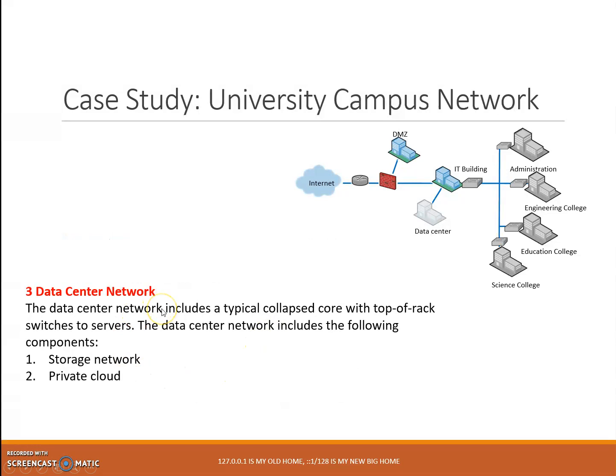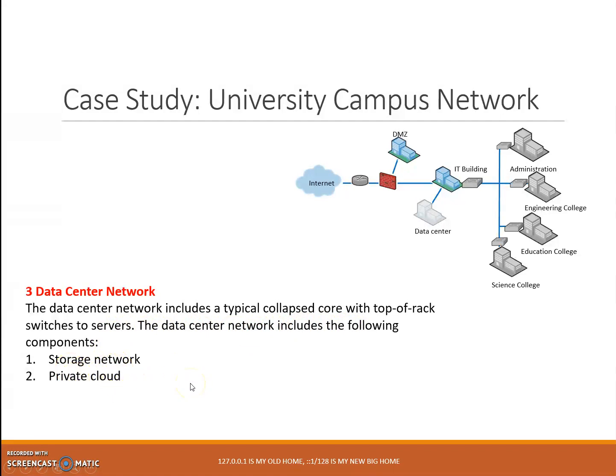The third module or the third network is the data center. This includes a typical collapsed core with top-of-rack switches and two servers. The data center network includes the following components: storage network and private cloud.